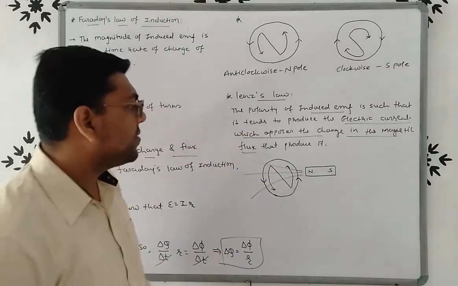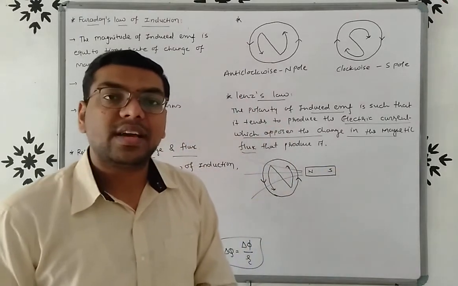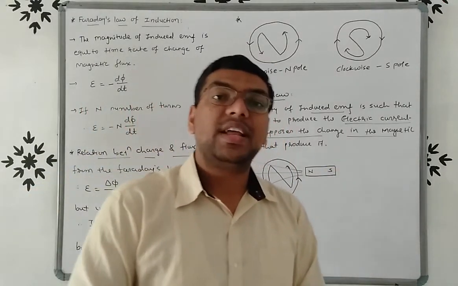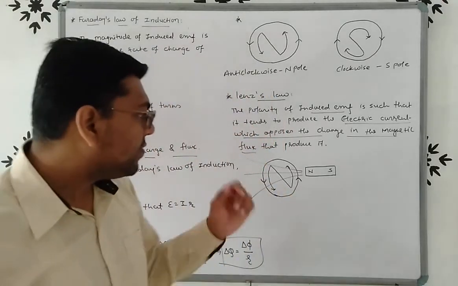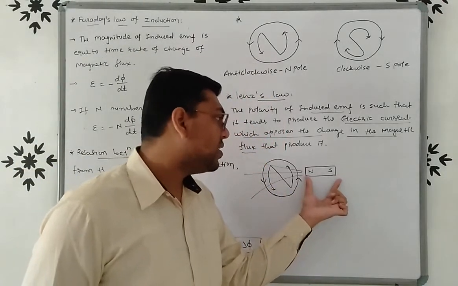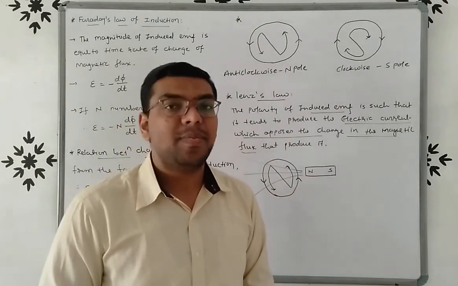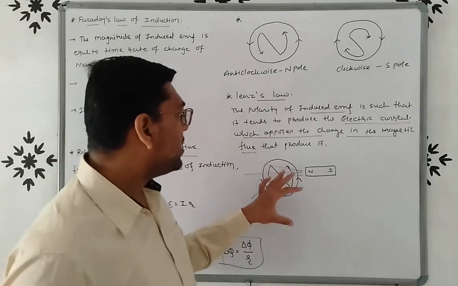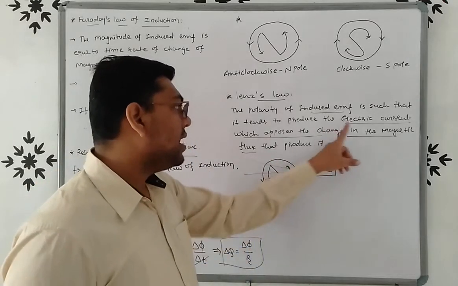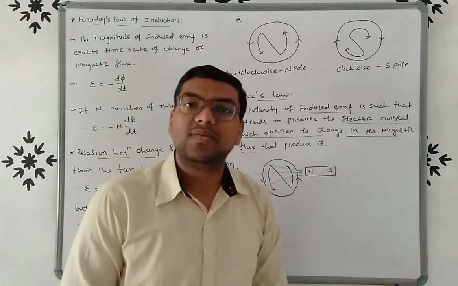Once again friends, as per the statement, electric current is produced in such a way that it opposes the change in magnetic flux. So when we bring this magnet near to the coil, a change in the magnetic flux occurs. But here the electric current is produced in such a way that it opposes the change in flux.